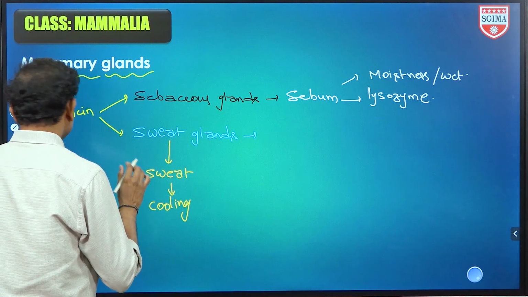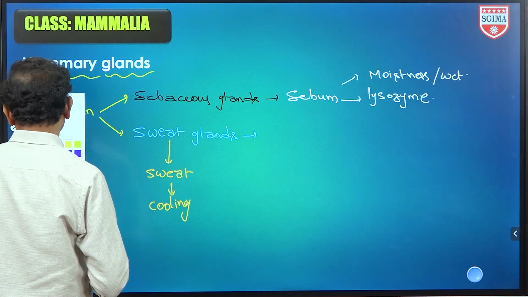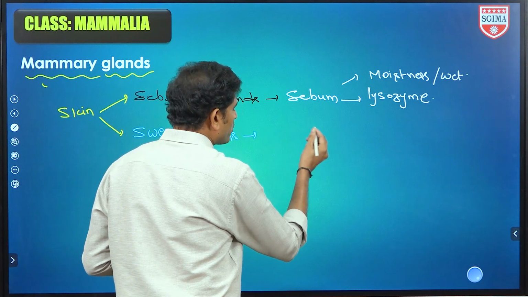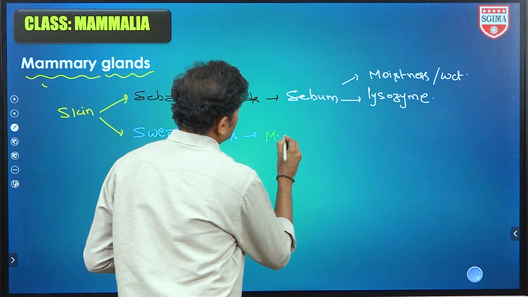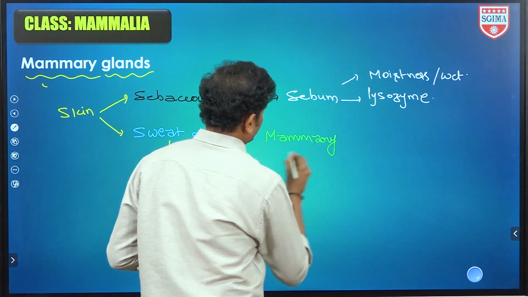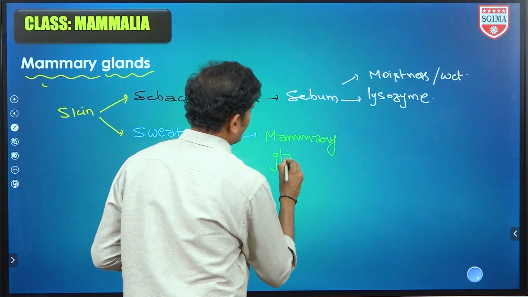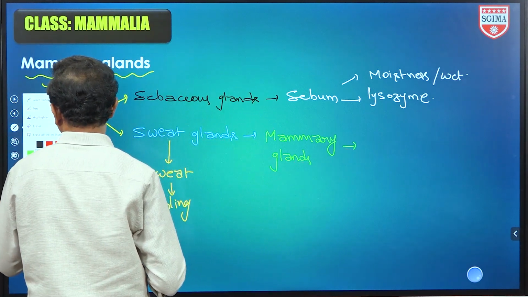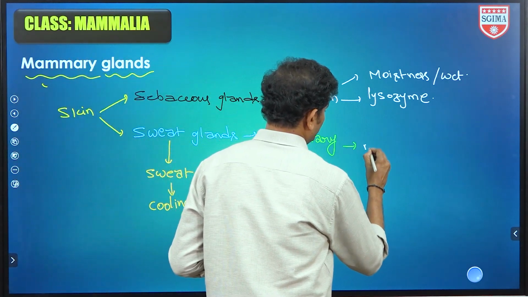But the same sweat glands are modified and produced as mammary glands. From these mammary glands only, a white fluid known as milk is produced.